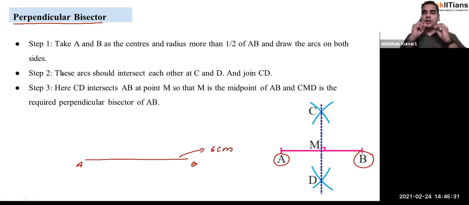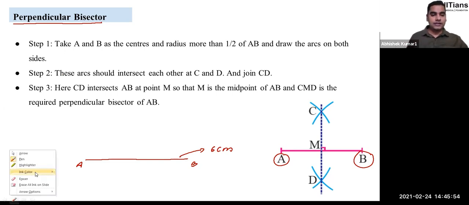I have to draw the perpendicular bisector of this line segment whose length is 6 centimeter. So the line which we are talking about here must be perpendicular to AB, and at the same time, that line must bisect AB. Both conditions must be satisfied here. So how do you have to do it? Check out. One second, let me choose another color.